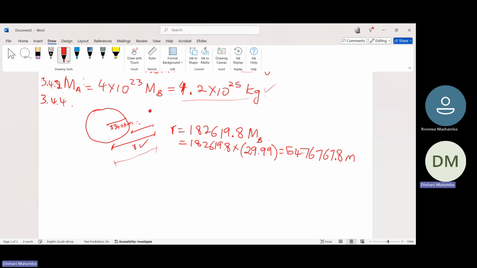Now, in order for us to calculate the distance between the surface of the planet and the object, what should I do, Ronel? Would the distance between the surface and the object not be, so I'm just thinking maybe it would be the value of R minus the radius of the planet.